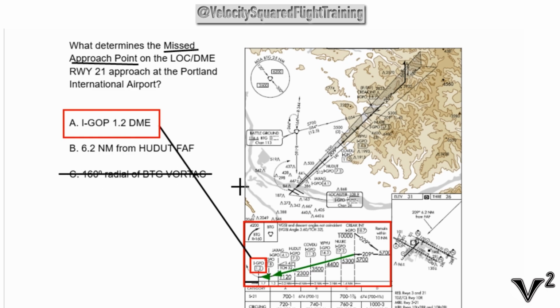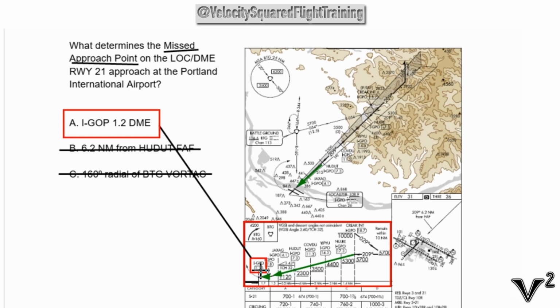Now this one's 6.2 nautical miles from the final approach fix. The final approach fix is right here, and then you go in here, go that way. That's not how we determine the missed approach point on a localizer. The way we determine it is what we talked about at the beginning, which is the last point along the profile view.